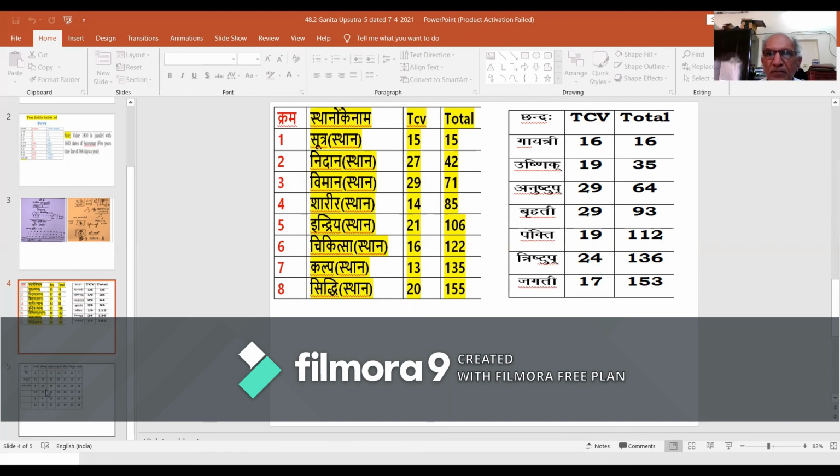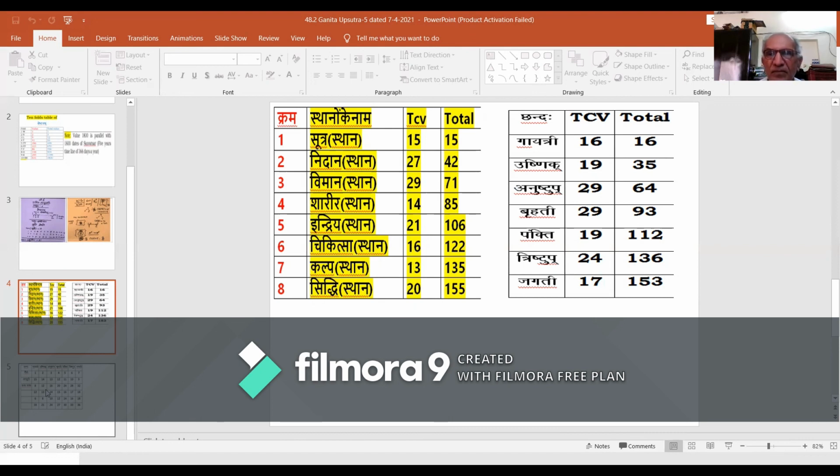As such, we, the students of mathematics and the students of Vedic systems, shall be face to face with this integrated applied values spectra of Ganita Sutra, Ganita Upsutra.